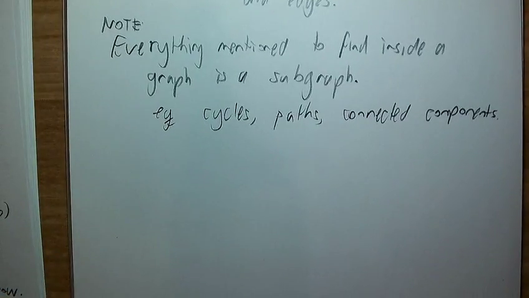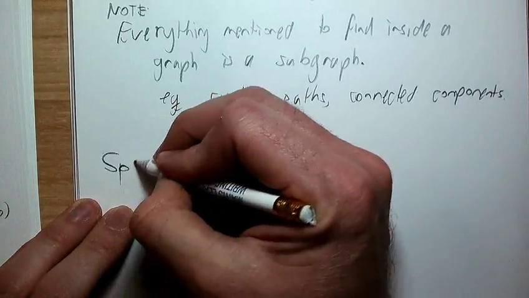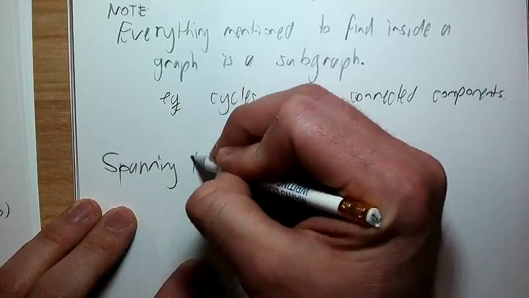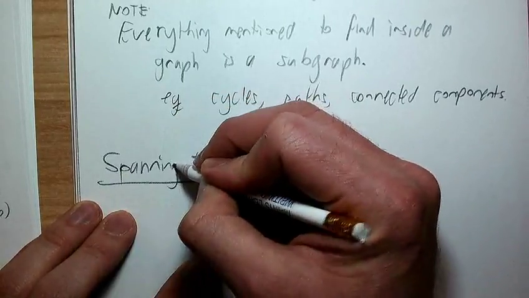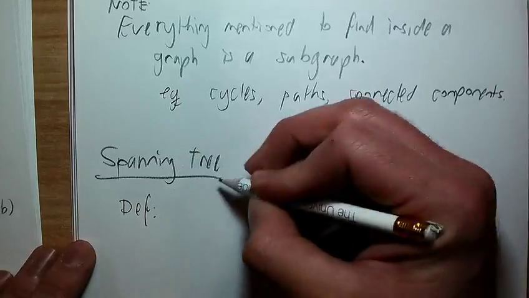So, nearly there. The last thing that you can find inside another graph is a spanning tree. Love a spanning tree. So it's a definition.